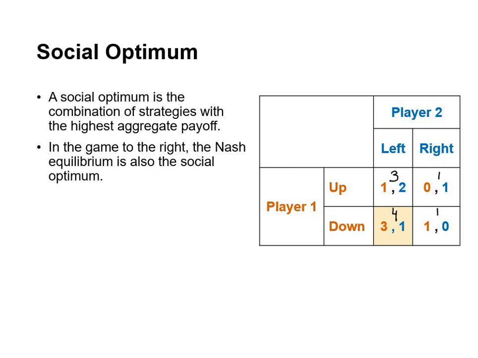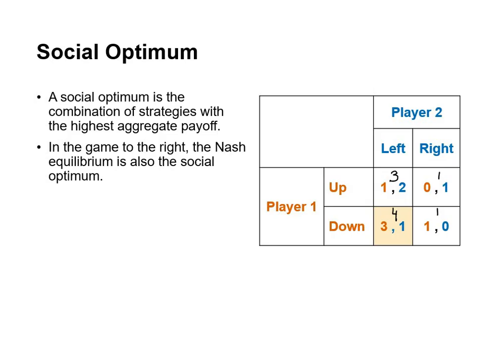aggregate payoff. And the social optimum does not need to make sure that all the players get the highest possible outcome, because obviously player 2 would prefer that player 1 played up so that player 2 can play left and then get 2. That would be the best for player 2.